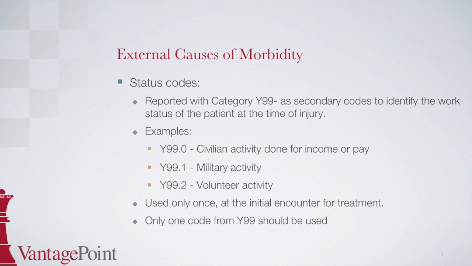Other status codes include Y99.1 for military activity and Y99.2 for volunteer activity. These codes are used only once at the initial encounter for treatment, and only one code from Y99 should be used. If one of these codes is not applicable, then that's fine, just don't report a code from category Y99.